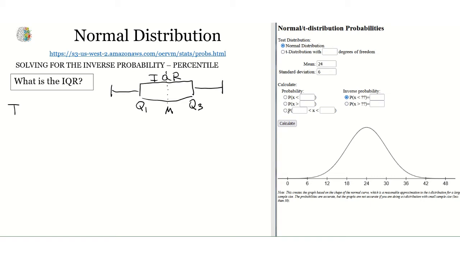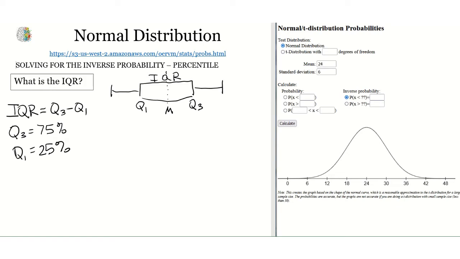The IQR is the middle 50%, and we get that by taking the third quartile minus the first quartile. The third quartile is at 75%, and the first quartile is at 25%.